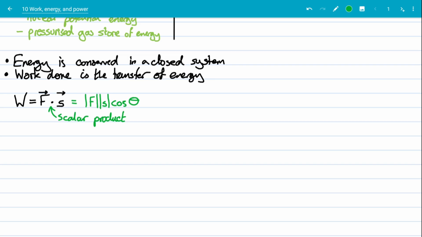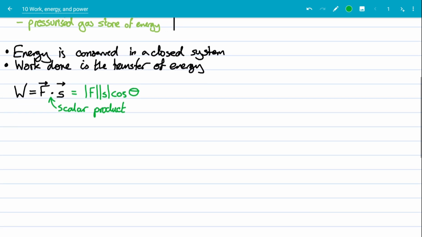Yes, it is the cosine of the angle between F and S. I always have to think carefully because I don't want to mess it up. So let's use that notation there, subscript Fs, to indicate the angle between F and S. Now that's a scalar. It returns a scalar, but that cosine is really, really important.